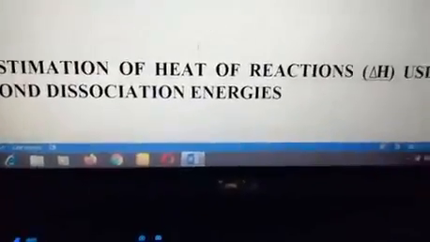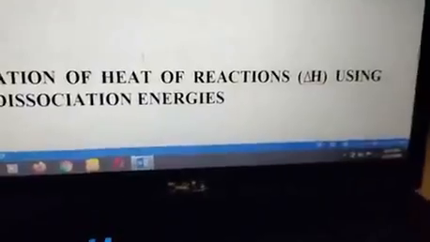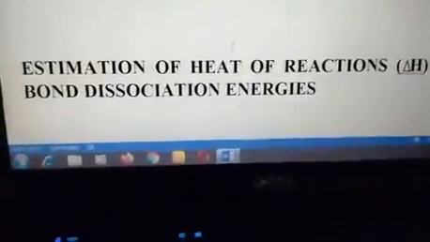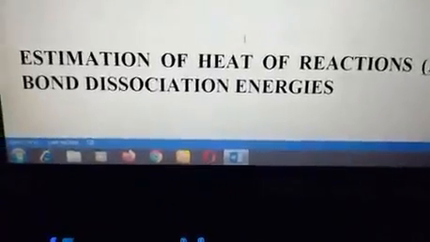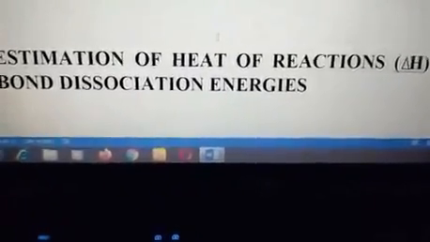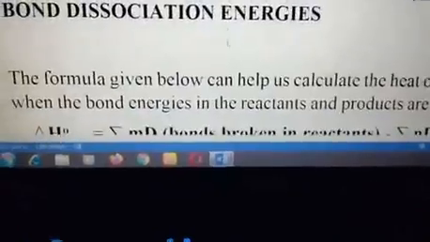Now, estimation of heat of reaction or enthalpy change using bond dissociation energies. How do we calculate the heat of reaction when we're given the bond dissociation energies?